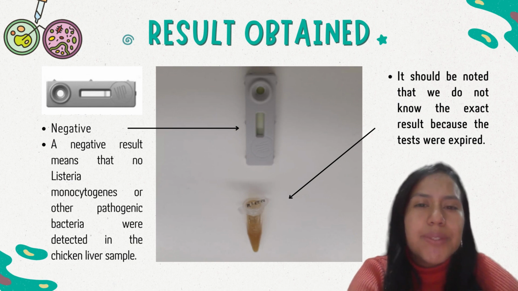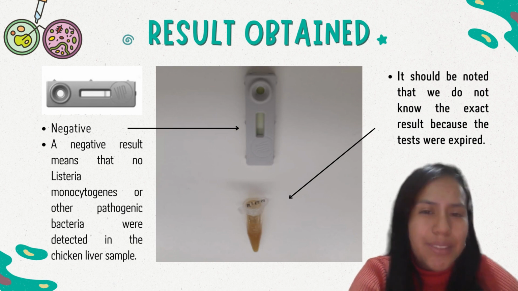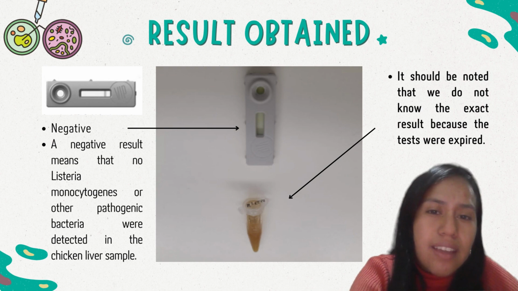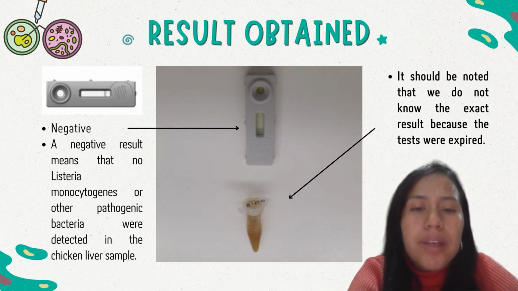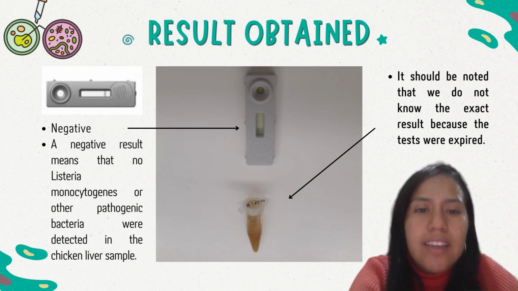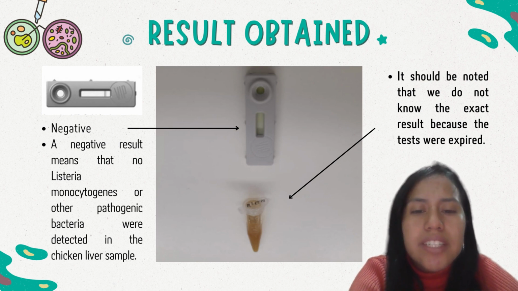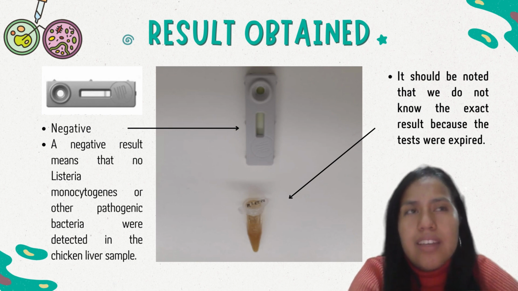Finally, the result obtained: the test that was done was negative, with only one strip, as indicated in the guide for the Listeria test device. A negative result means that no Listeria monocytogenes or other pathogenic bacteria were detected in the chicken liver sample.